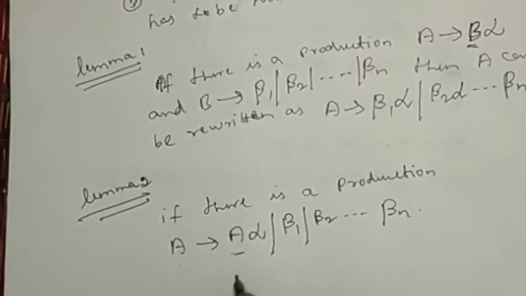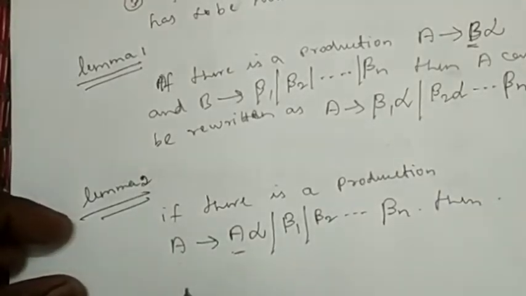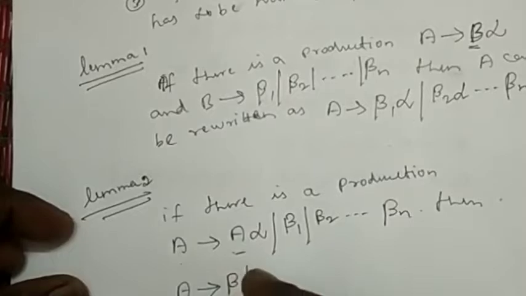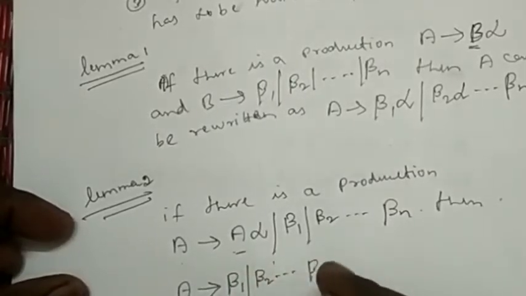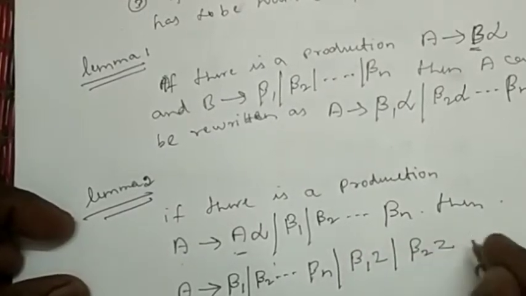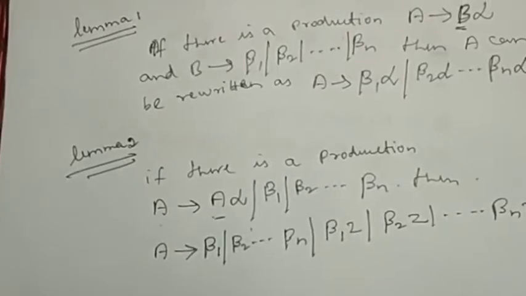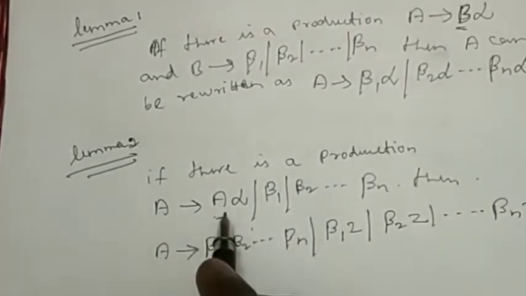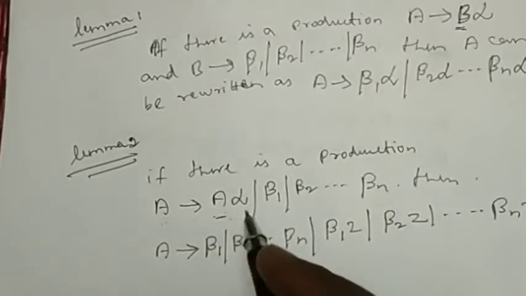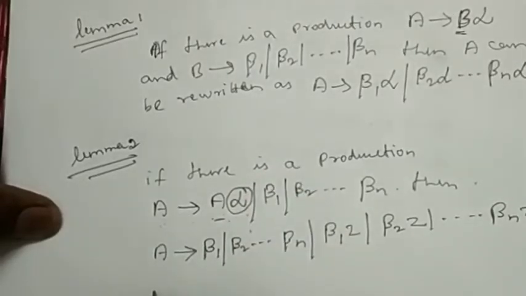If that is the case, then you introduce A tends to beta 1 bar beta 2 up to beta n, followed by beta 1 Z, beta 2 Z, up to beta n Z, where you introduce a new variable Z. Now you take the original left-recursive production A tends to A alpha, and you take the remaining part, alpha, and write it with the help of the Z variable.